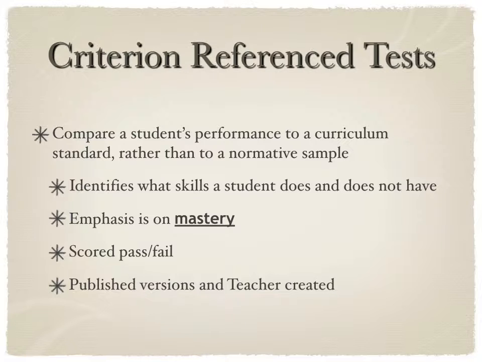So instead of comparing the child to other peers in a normative sample, or giving the evaluator information about how the child performs or achieves in relationship to other peers or other children of the same age or grade, this is letting the evaluator know if the child has mastered a skill. So this identifies what skills the child has and what skills the child does not have. It provides a good inventory of the child's skills.